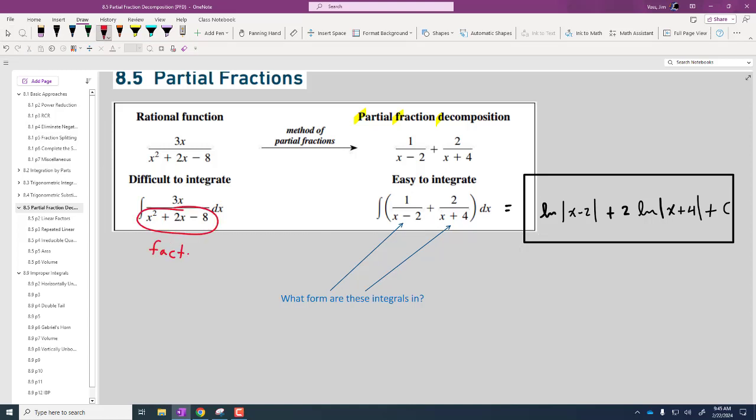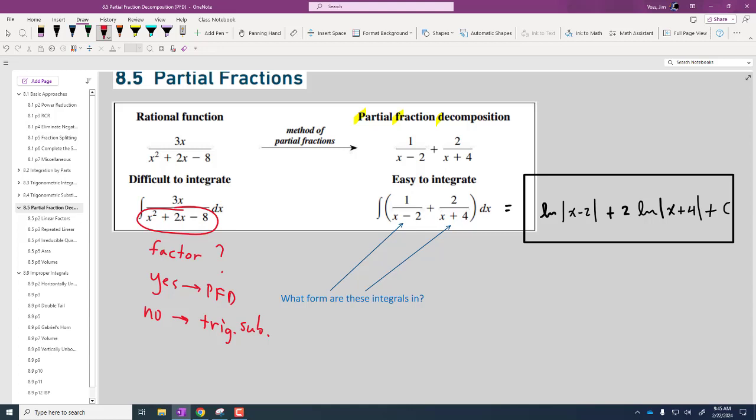So does it factor? If yes, then go to PFD. If no, go to trig sub. You're going to have to complete the square and end up doing trig sub. So if that denominator is a trinomial that factors, then PFD is the way to go. It's going to be way easier.